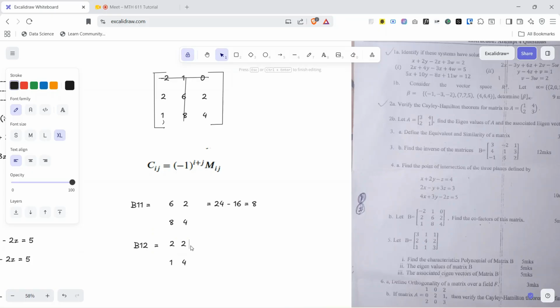That would be 2 times 4, which is 8, minus 1 times 2, that's 2, which would equal 6.